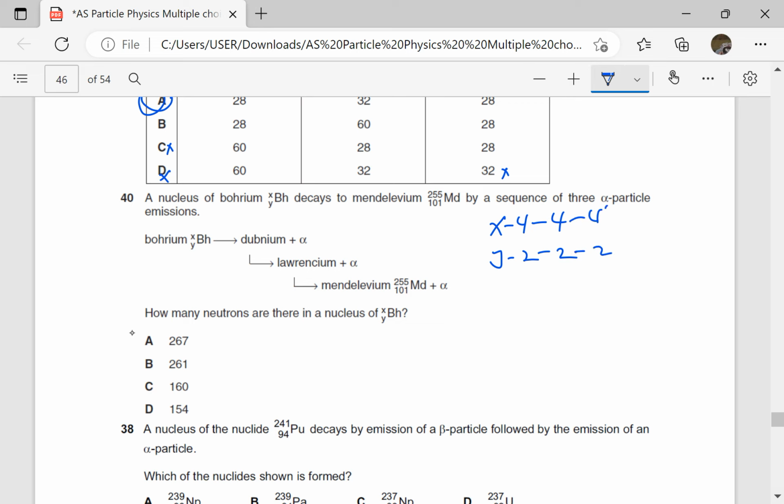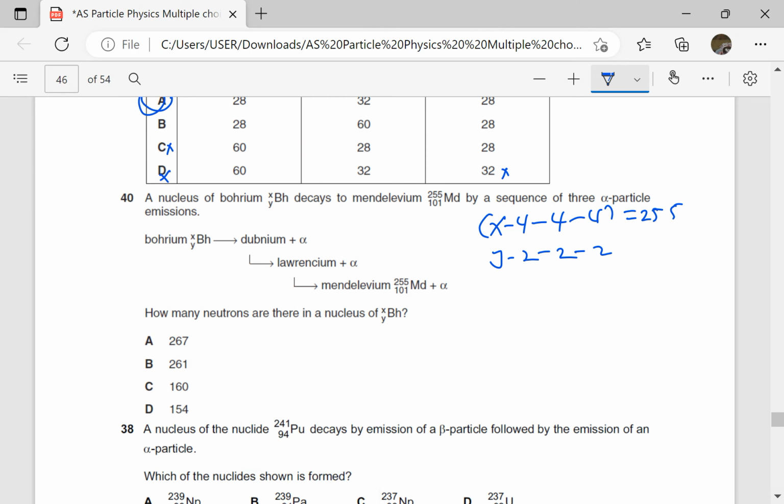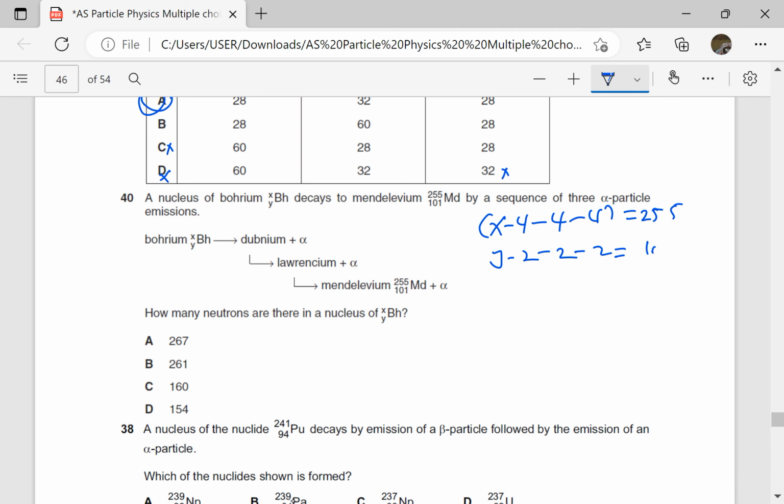So we equate this to the nucleon number, which is 255, to find X. So the question is, how many neutrons are there? Let's first find the number of protons. This one should be equal to 101.